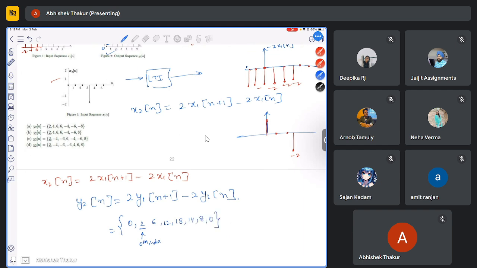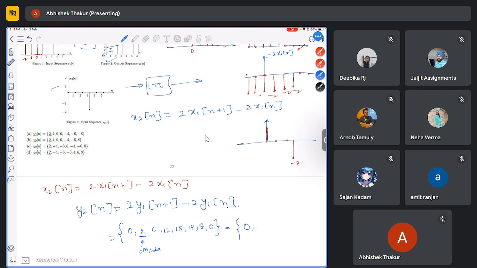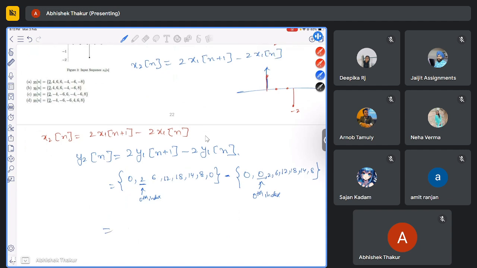Okay. Minus 0, 0. This is our 0th index here. And then 2, 6, 12, 18, 48. So now when you do the minus, we will get 0, 2, 6 minus 2, 4.